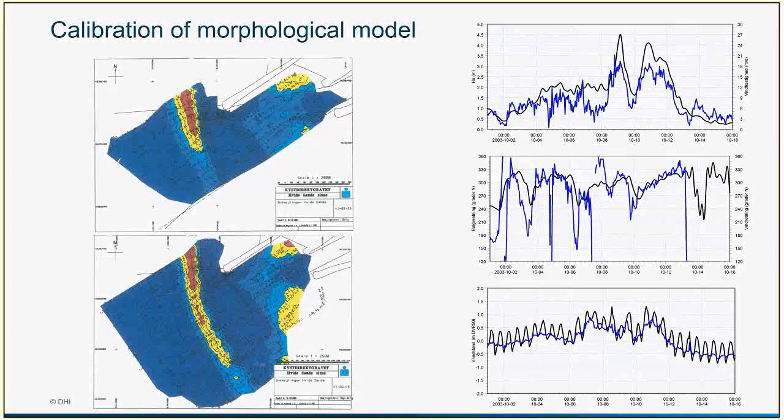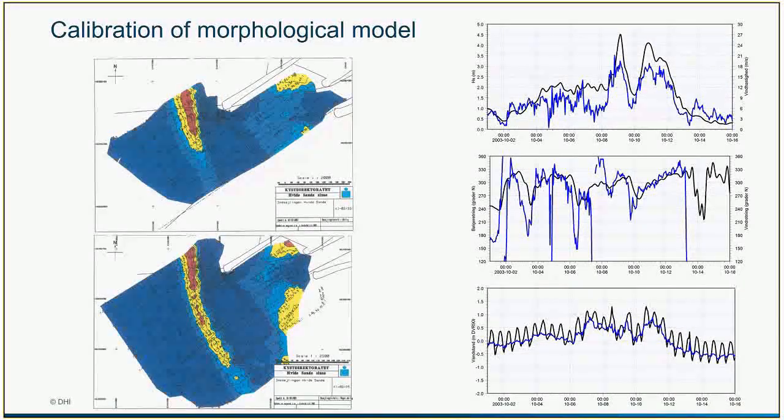So this morphological model was based on bathymetry surveys that were done in front of the breakwater. A calibration period has been selected, and this calibration period was featuring a relatively severe storm. As we can see on the top plot, we have a significant wave height of up to 5 meters.